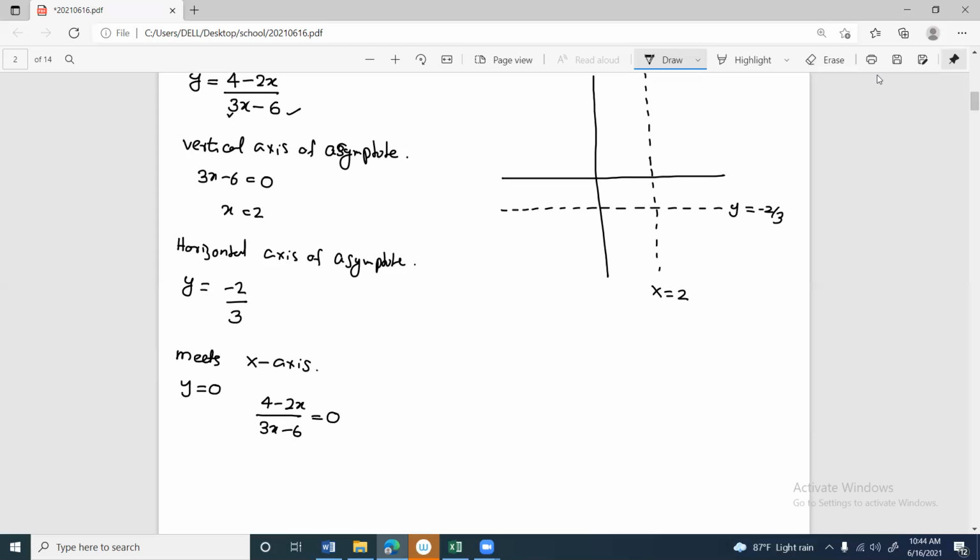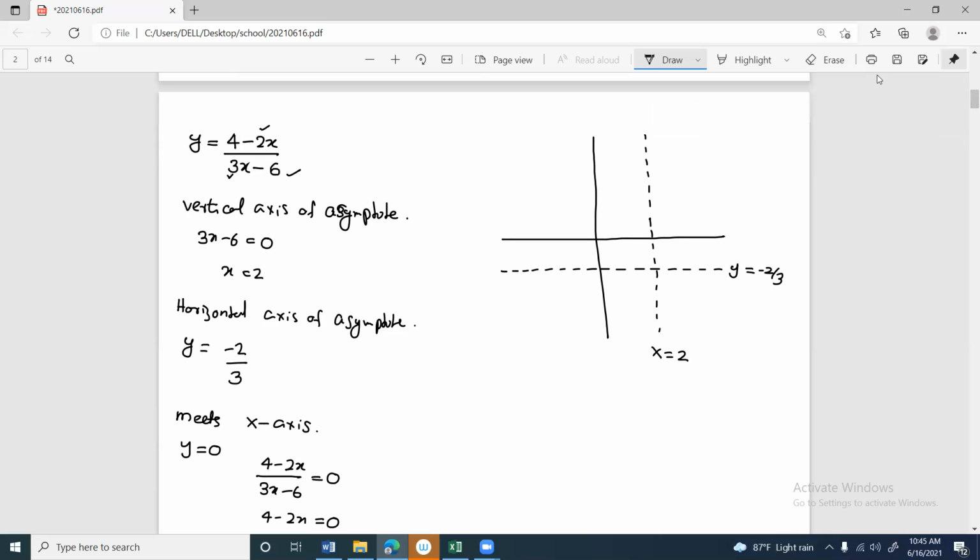With this you can say 4 minus 2x equals 0, x equals 2. There seems to be an issue here. It's but a small issue, I just want to change this.